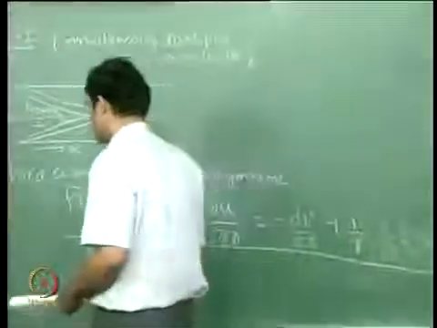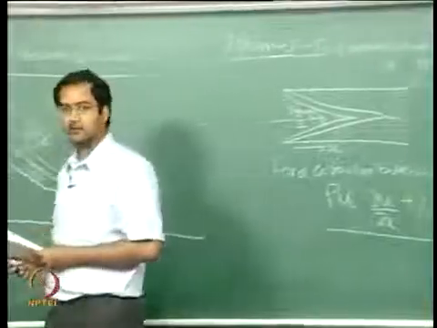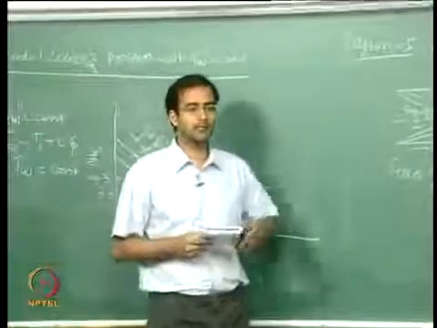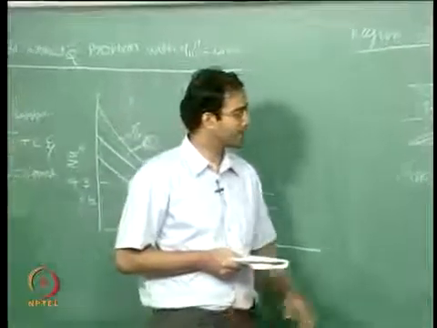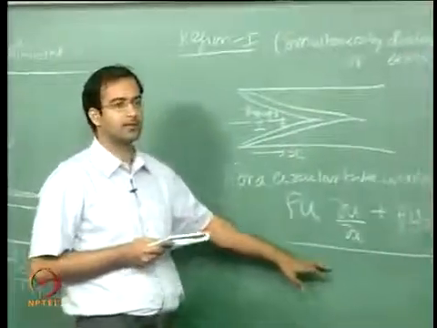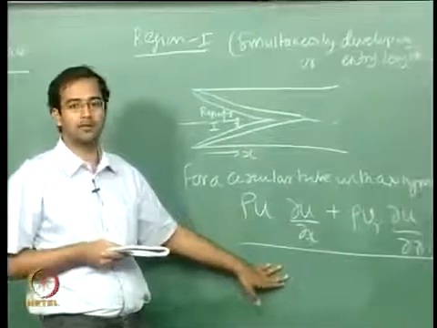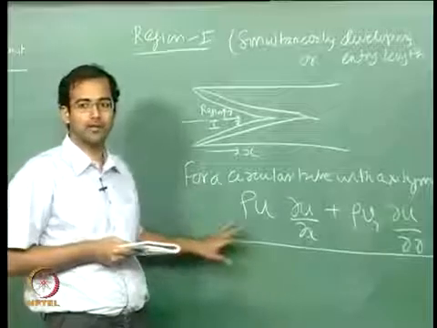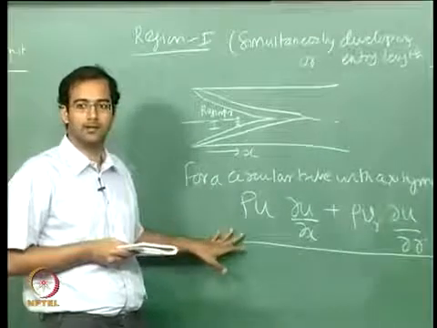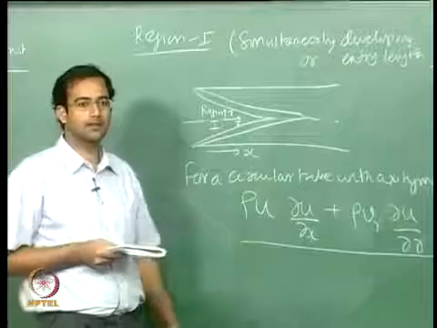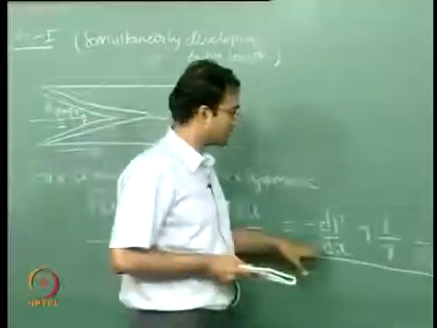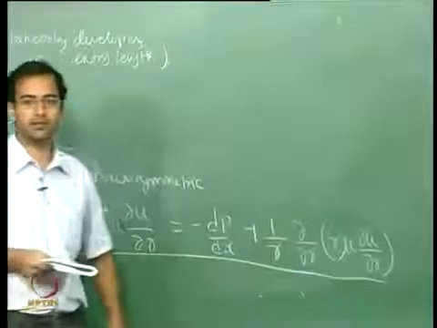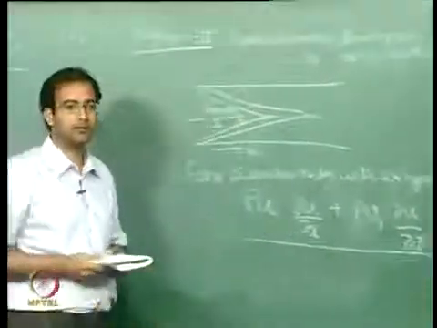So this equation which we have written right here assumes that there is no variation of velocity with respect to theta direction, and also the radial momentum is negligible. So therefore you write only the axial momentum equation, and this equation is very similar to your boundary layer equation. In fact, this is your boundary layer equation, right?